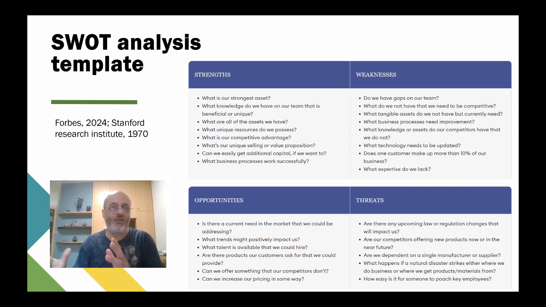If you pay attention, strengths are what we are doing great. What are we strong at? What are the assets we have working for us? Weaknesses are the exact opposite. What are we not so good at? What weaknesses do we have?